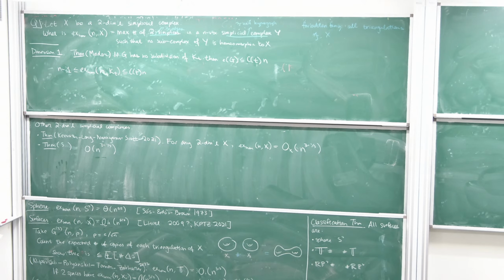So the lower bound doesn't apply for every X. A sort of stupid example is a disk. I believe the lower bound applies for any reasonable space X, not like a disk.